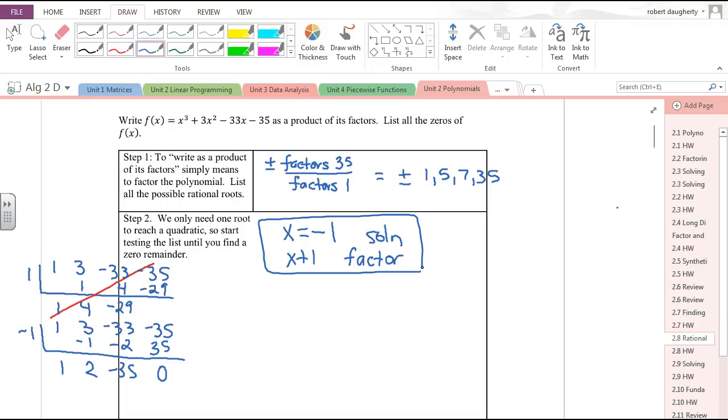So now I can write this polynomial f of x. What are its factors now? x plus 1. And what does this mean? x squared, what? Plus 2x minus 35.